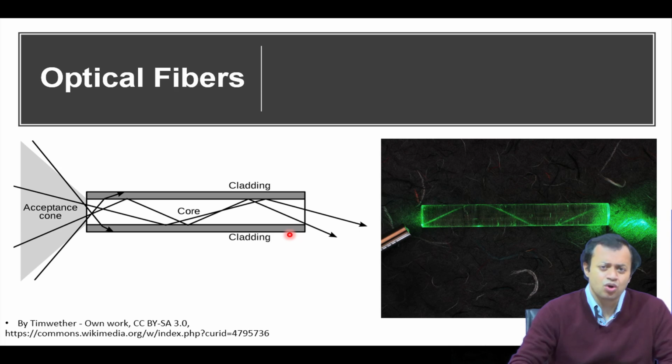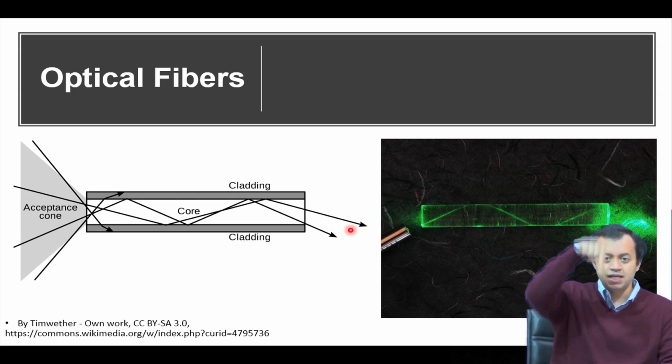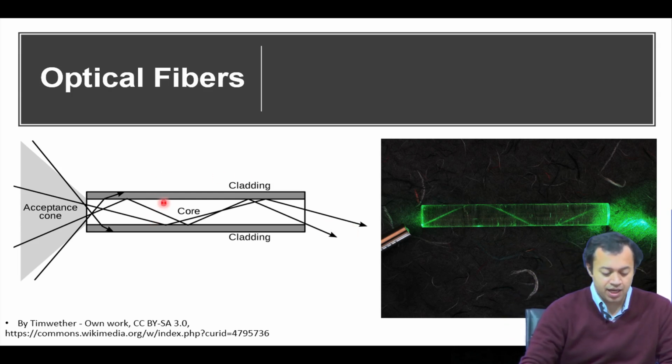I think you all have heard of total internal reflection in high school, but it means that whatever light is falling onto the surface is totally reflected without anything getting refracted. So, refraction can be considered as 0 or almost 0. There are evanescent fields, but let us not go in that direction. Most of the light is reflected, and thereby, like a mirror, it is guided through the upper layer and lower layer.